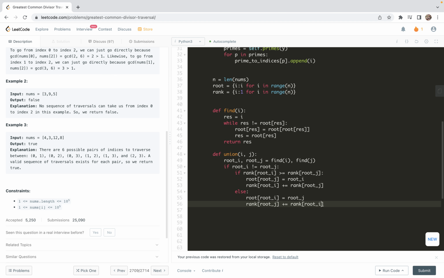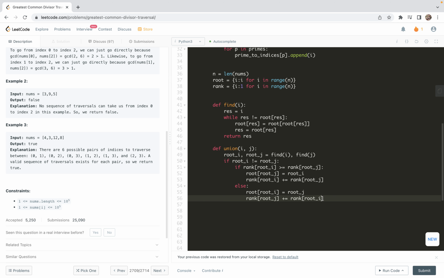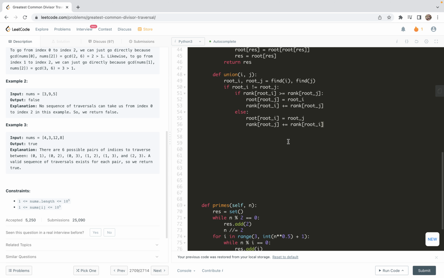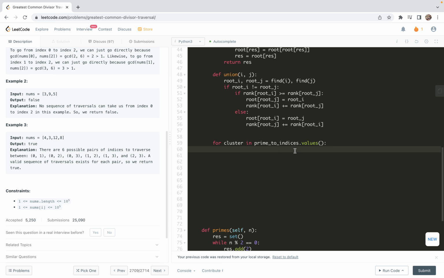If rank of root I is no less than that of root G, we are going to set the root of root G to be root I. So here is a tuple. So here's root G, and then we are going to increment the rank of root I by that of root G. So change it to be plus, right?